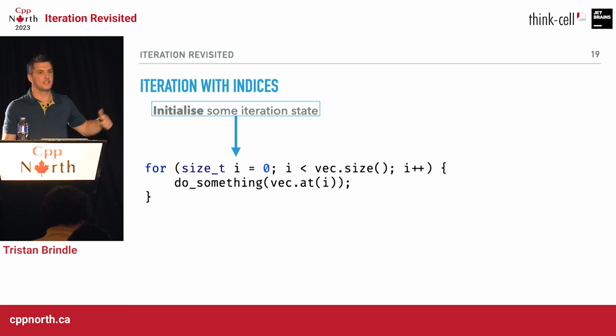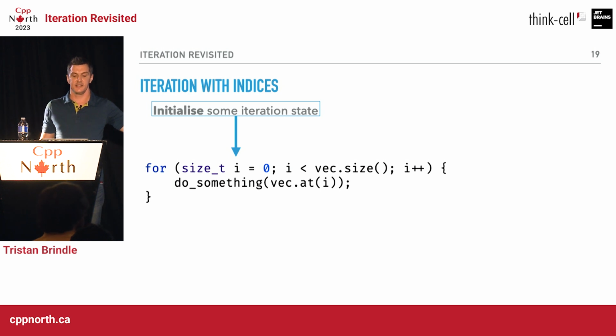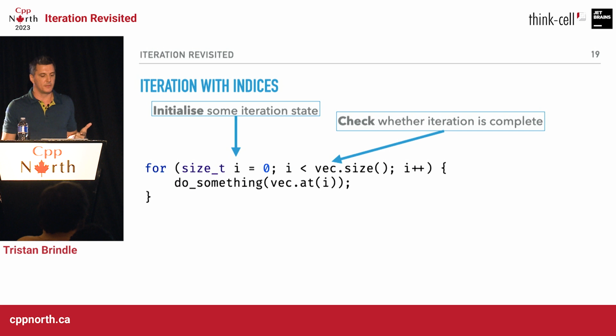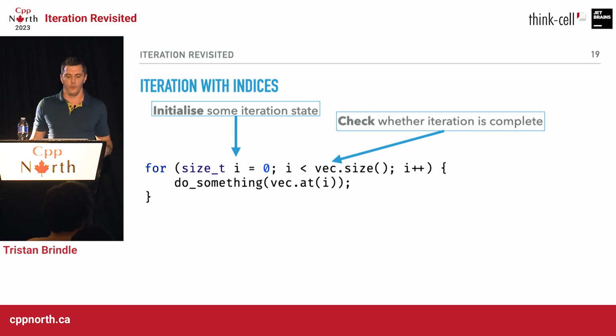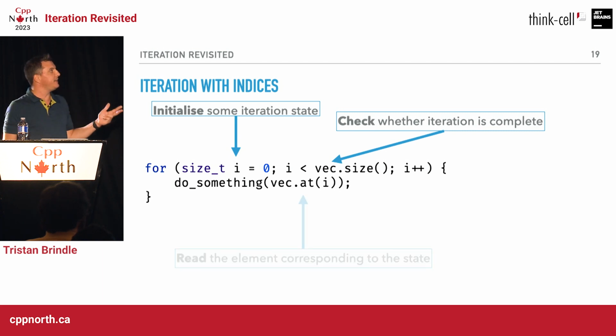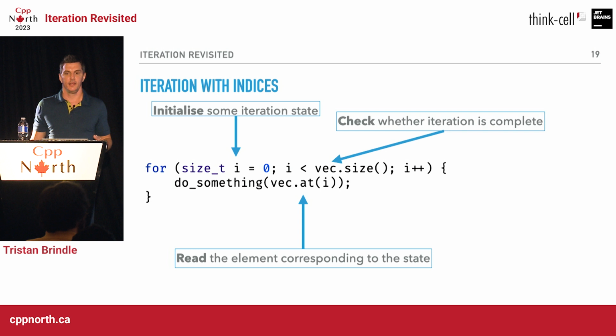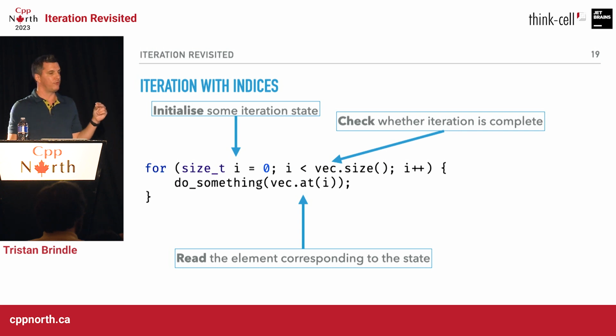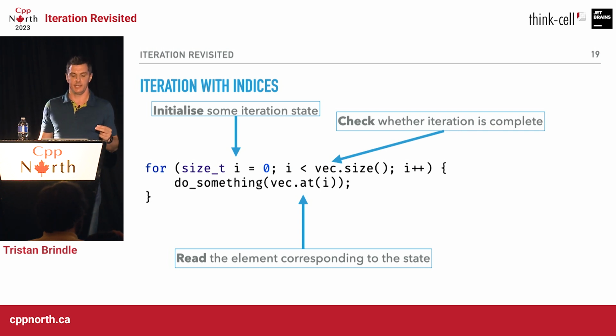Okay, our iteration state this time is our index i, a size_t index. Checking whether iteration is complete, we're checking whether i is less than the size of the vector. And now we're defining our read operation to be bounds checked access to the vector, okay? This is how we're defining our read operation for our new iteration scheme.